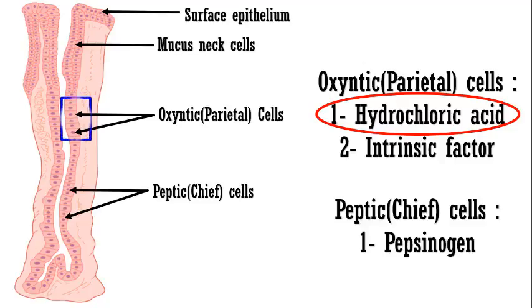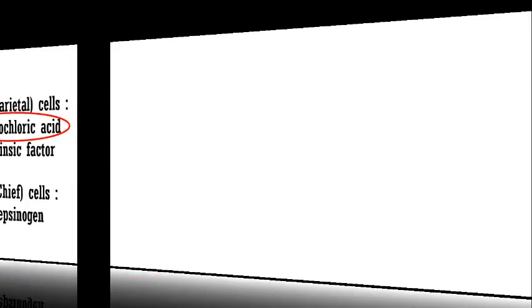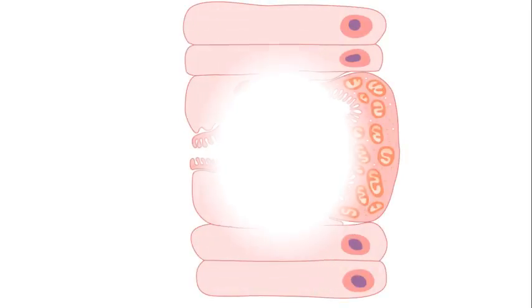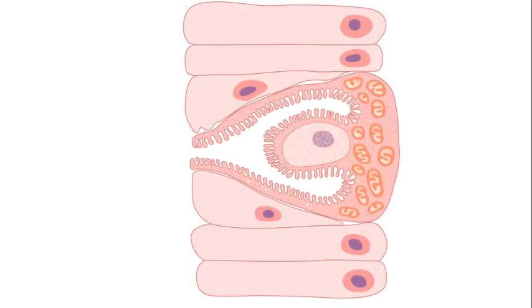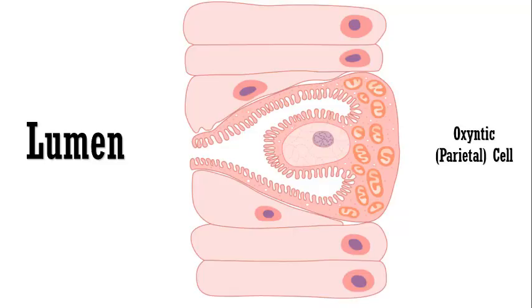So now we'll have a higher magnification also. This is the lumen of the gland. This is the oxyntic or parietal cell. These are mucous neck cells.